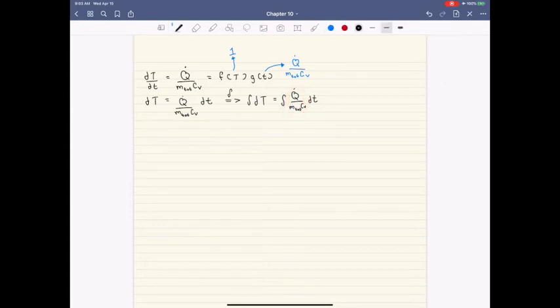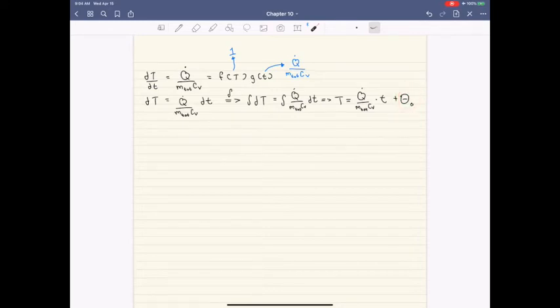If we integrate it indefinitely, what we get is T is equal to Q dot over m total CV times time. Because we integrated it indefinitely, we also have to worry about an integration constant. So our equation's fairly simple so far, but we need to figure out how to solve for this unknown constant.